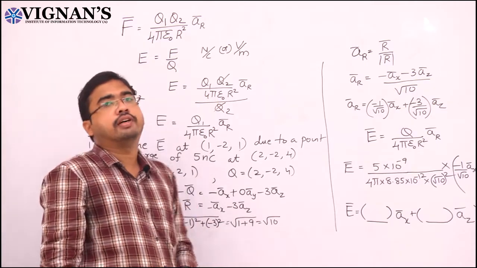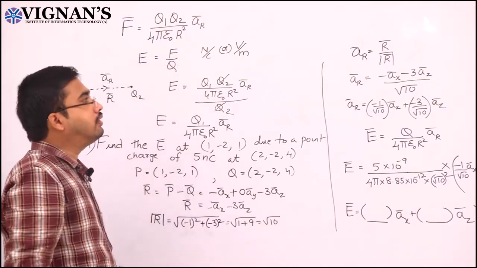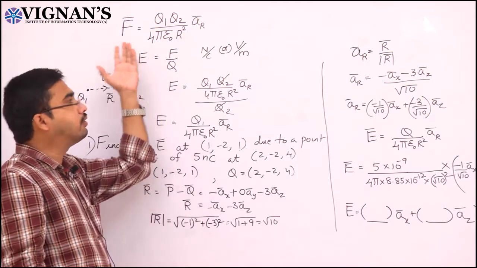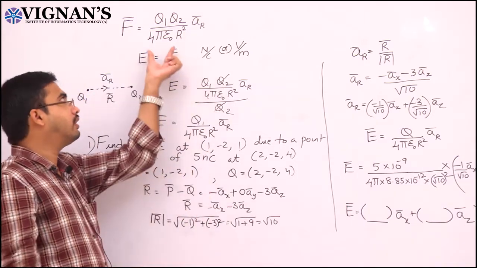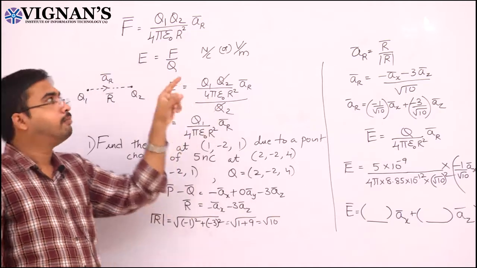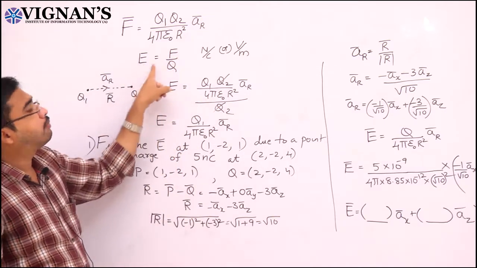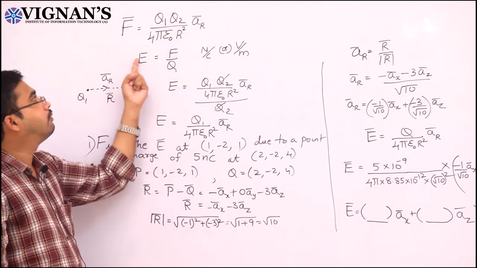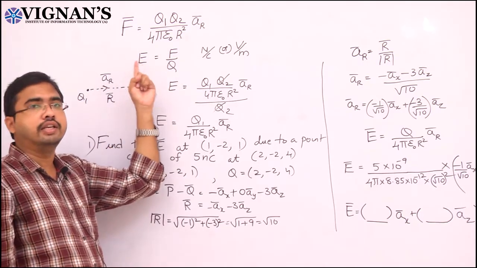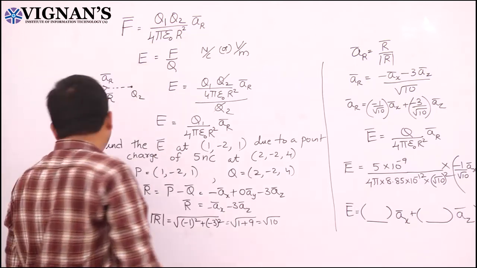Next, let us go for the principle of superposition, which we have already dealt with in Coulomb's law of electrostatics. The same principle is applicable for electric field intensity E also, because E and F are proportional. Whichever rules are applicable for F will be applicable for electric field intensity E also. So let us deal with that.